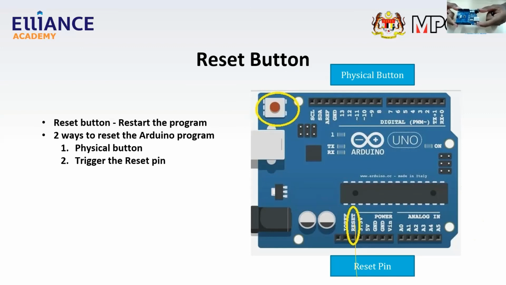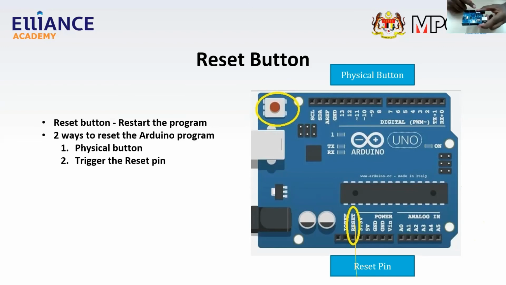Okay, there are 2 ways to reset the program in Arduino. The first is the button on the Arduino board. We can reset by simply clicking on this button here, click, and it resets the program. And the other way is we trigger the reset pin here.